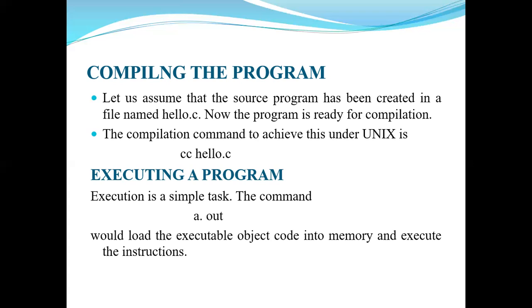Linking is the process of putting together other program files and functions that are required by the program. For example, if your program is using the exp function, exp opening and closing parentheses, like in the main function, main opening and closing parentheses, then the object code of this function should be brought from the main library of the system and linked to the main program.